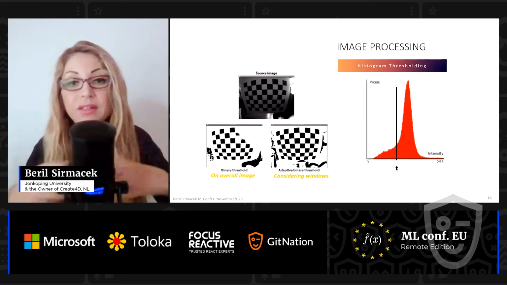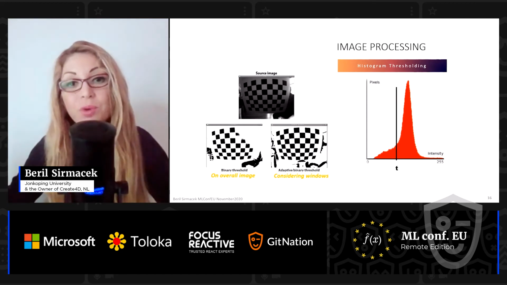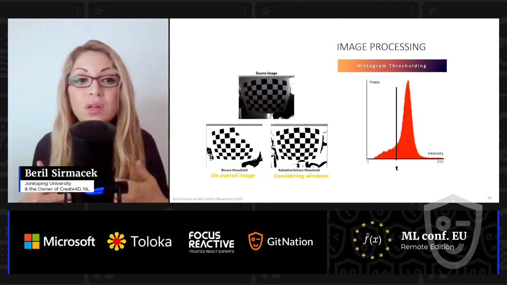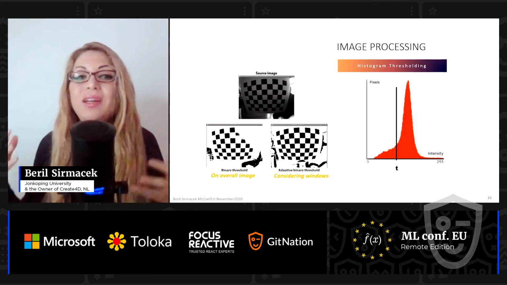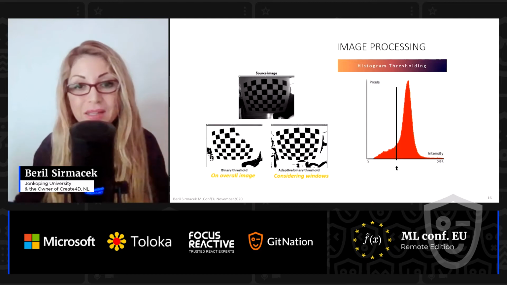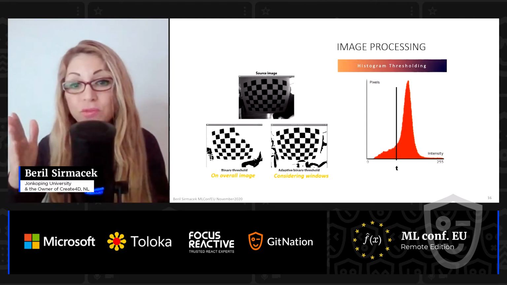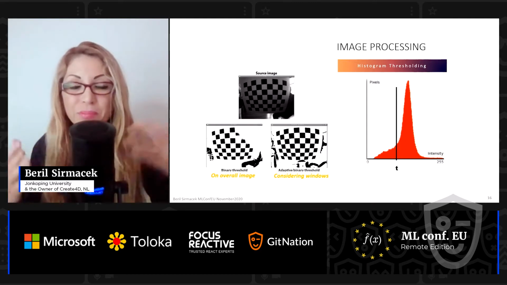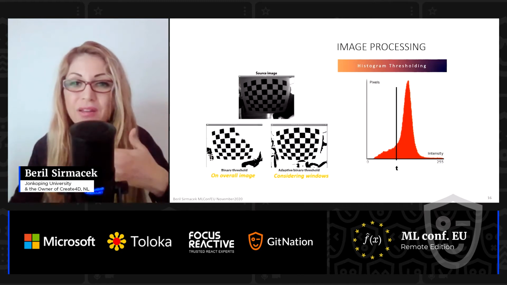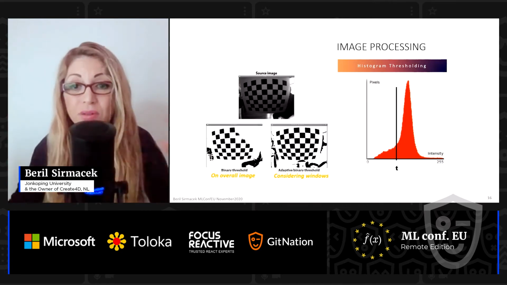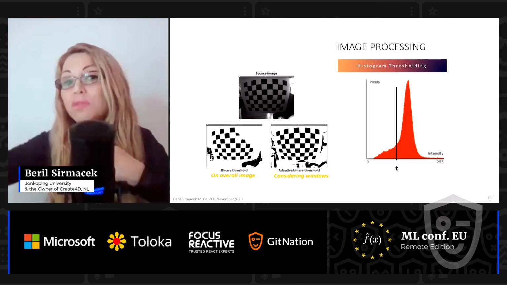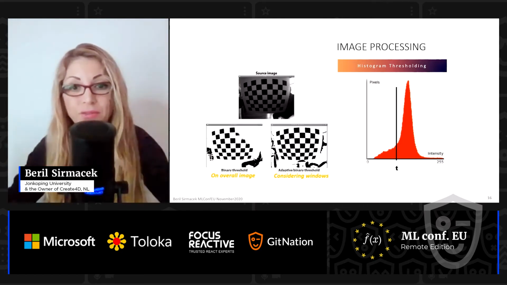I hope you can find more in the references, but we use these histograms for making the image more visible, so the features within it are more visible, but we can also use it for segmentation. For instance, if we look at the histogram and put a threshold value, like you remember the mountain and the sea background, we can threshold the histogram in order to remove the background or to get the foreground only.